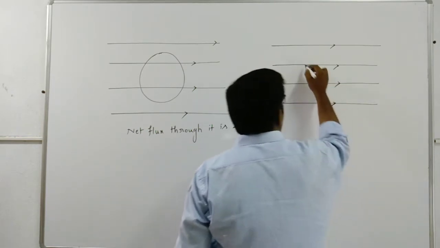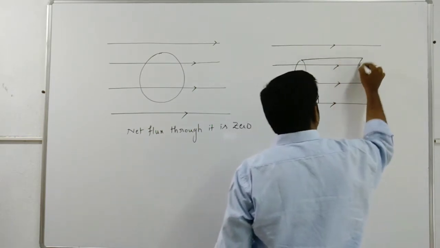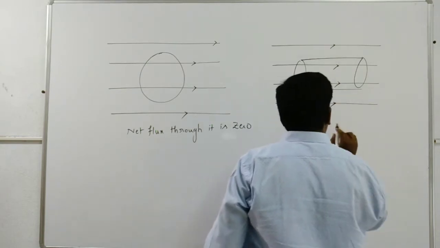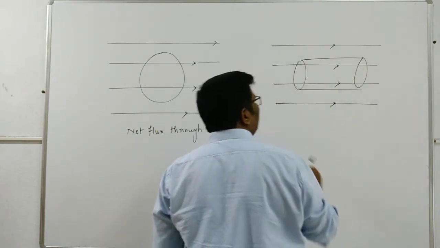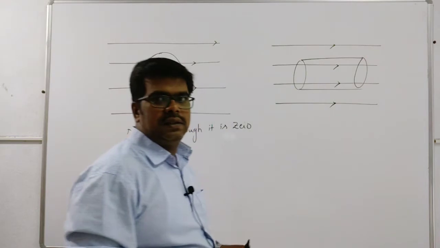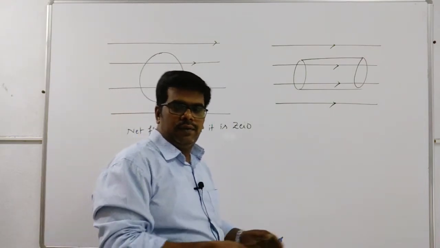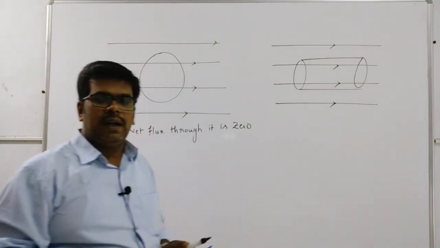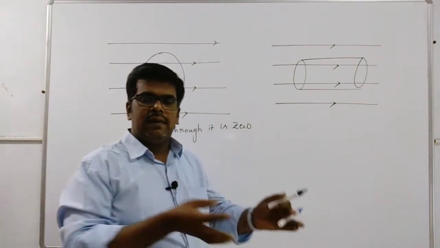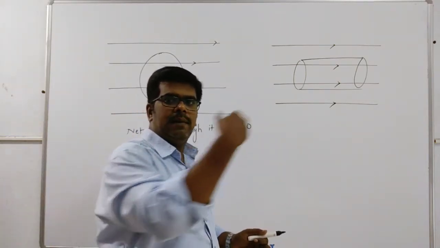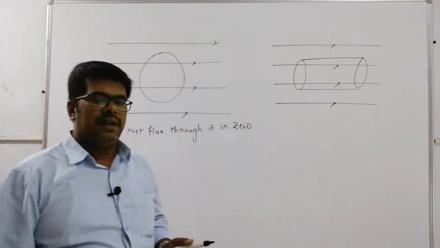Or else you can also take, if this is the uniform electric field, a cylindrical body like this. If the cylinder does not enclose any charge, even if you locate it inside the uniform electric field, how much flux will enter inside it? The same amount of flux will leave from the other side.